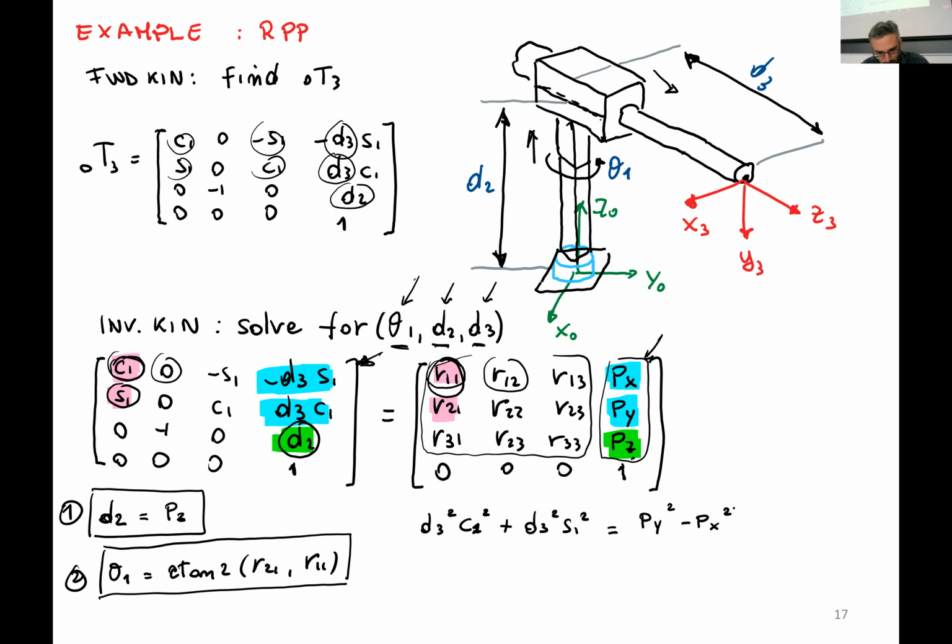So if we write this, py squared minus px squared, we have what? We have d3 squared c1 squared minus d3 squared s1 squared. Okay. Cool.